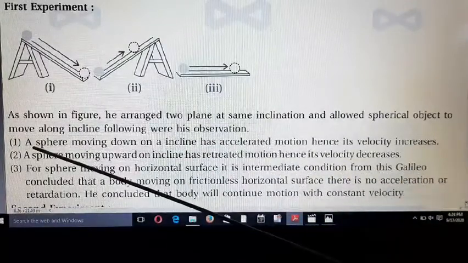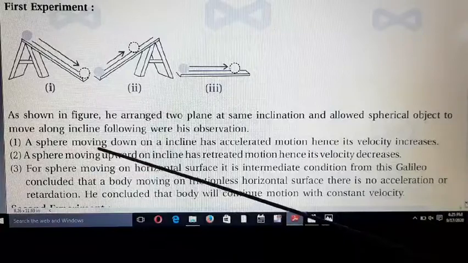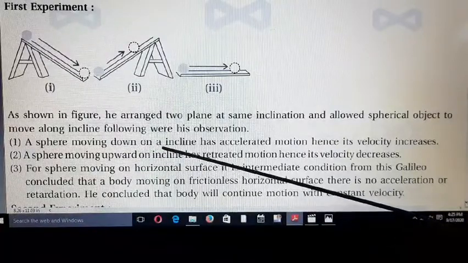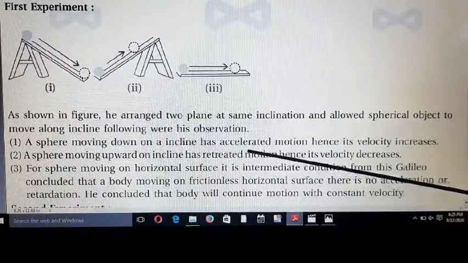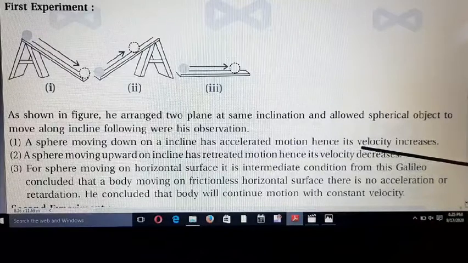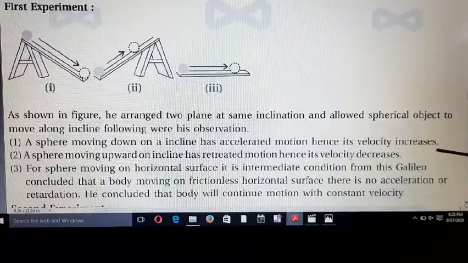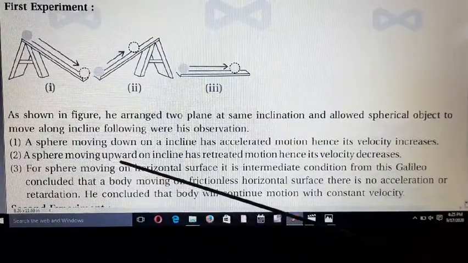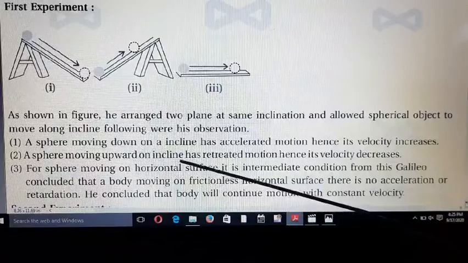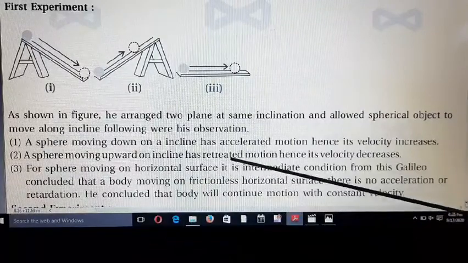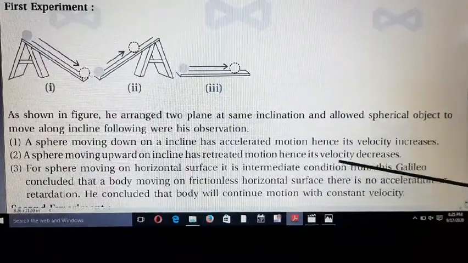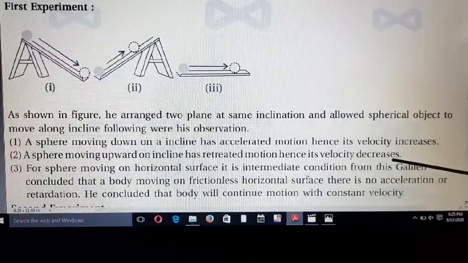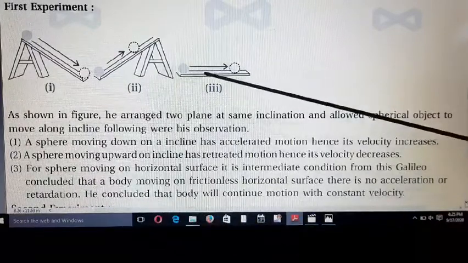First, a sphere moving down an incline has accelerated motion, hence its velocity increases. Second, a sphere moving upward on an incline has retarded motion, hence its velocity decreases. And third, look at this figure.